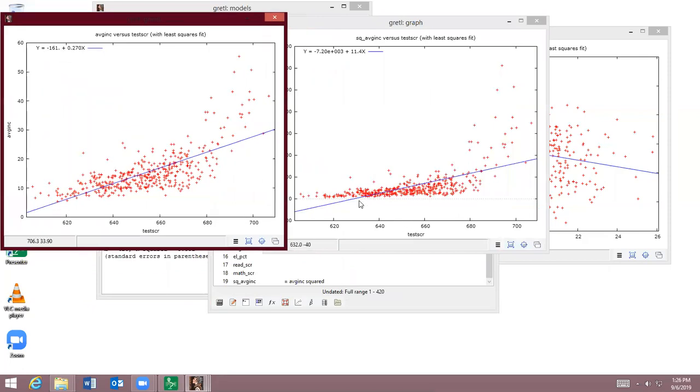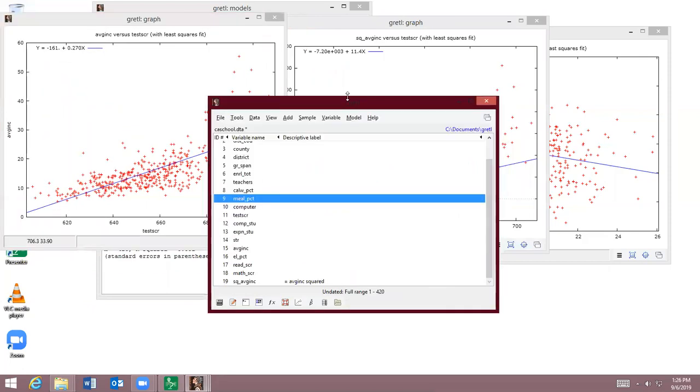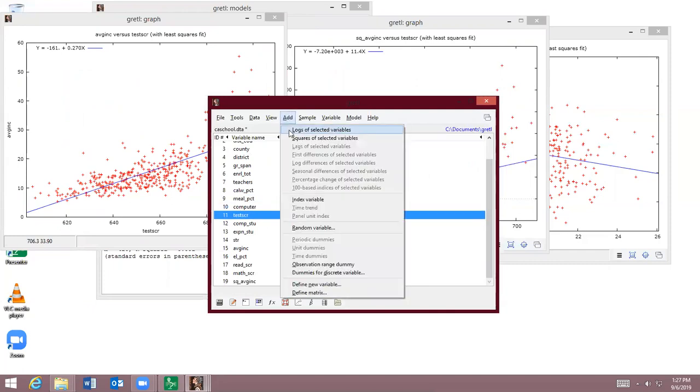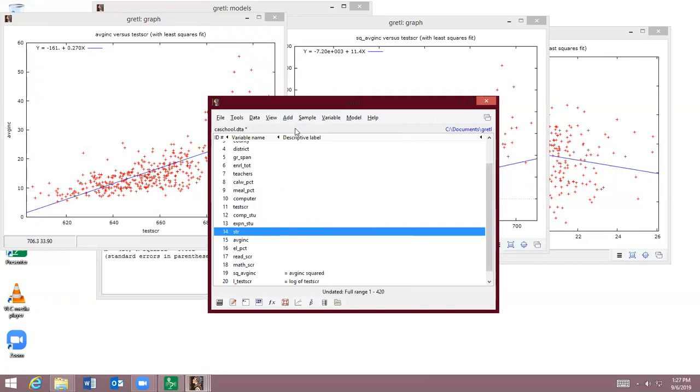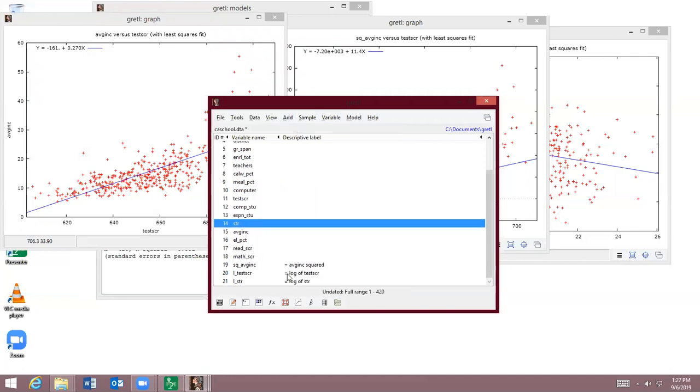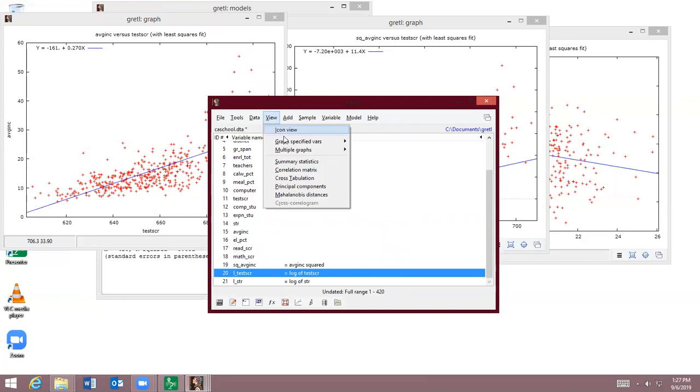So it looks like it fits the data a little bit better. We could also do what's called a logarithmic transformation, which is just another way of getting a nonlinear estimate here. So let's go ahead and graph these variables.